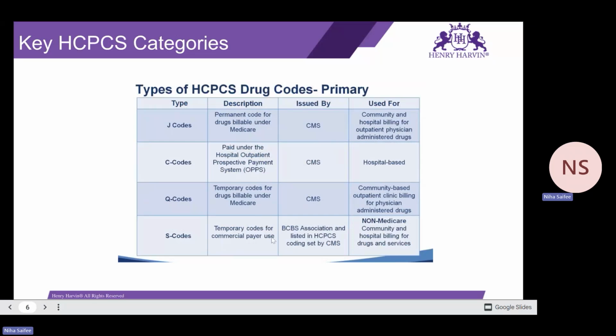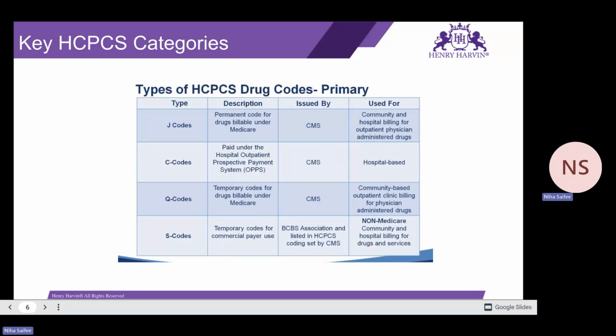S codes are temporary codes for commercial payer use, issued by BCBSA, the Blue Cross and Blue Shield Association, and listed in the HCPCS coding set. There are certain codes in HCPCS which are regulated by different bodies. Like the dental codes, which are overseen by the Dental Association. The S codes are controlled, or you can say monitored, by Blue Cross and Blue Shield in association with CMS.